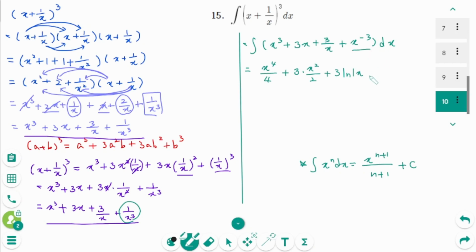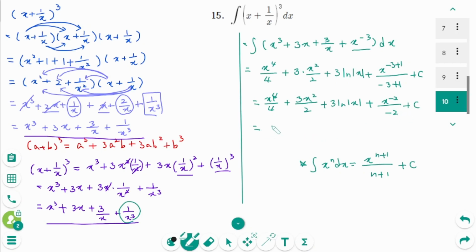Then this one, x to the power of minus 3 plus 1 over minus 3 plus 1 plus c equals x to the power of 4 over 4 plus 3x squared over 2 plus 3 ln absolute value of x plus x to the power of minus 2 over minus 2 plus c.